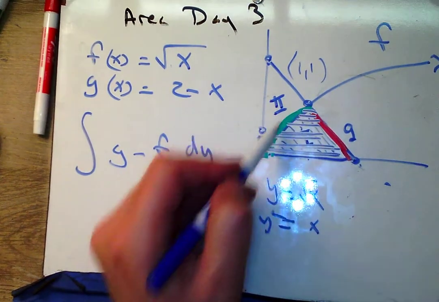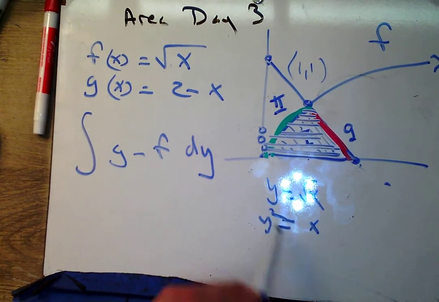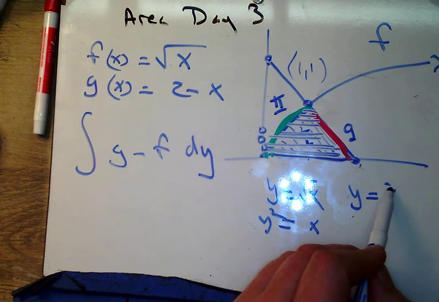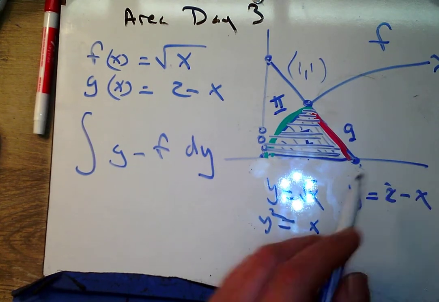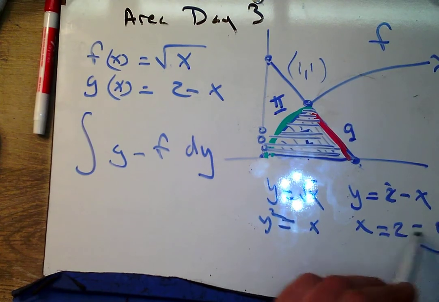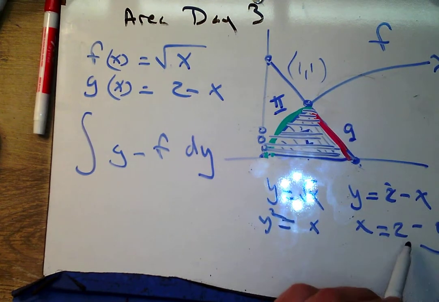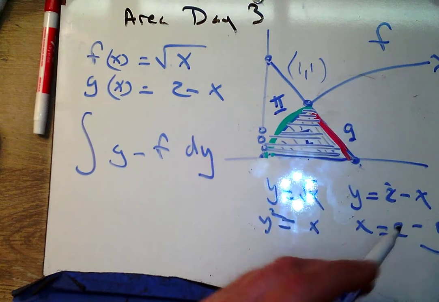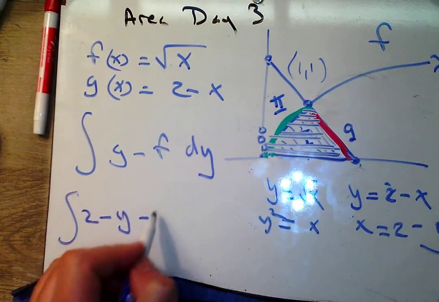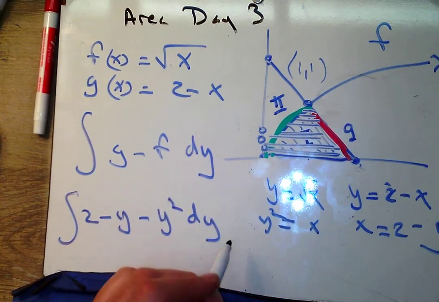The left function is y squared. And what about this one? y equals 2 minus x is the same as x equals 2 minus y. And so this one is always my right function, g. So this integral is going to be 2 minus y minus y squared dy.